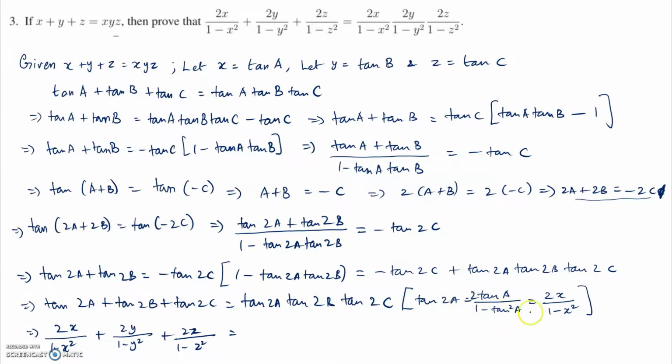So, again using this, we can say this is equal to 2x divided by 1 minus x squared times 2y divided by 1 minus y squared times 2z divided by 1 minus z squared. This implies that our LHS is equal to RHS, hence the proof.